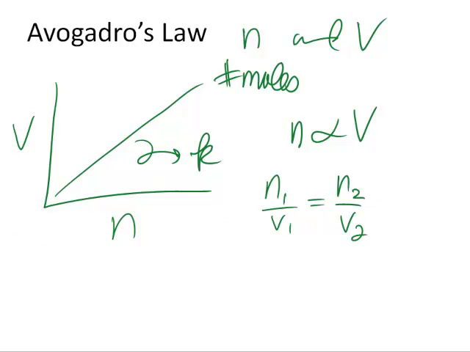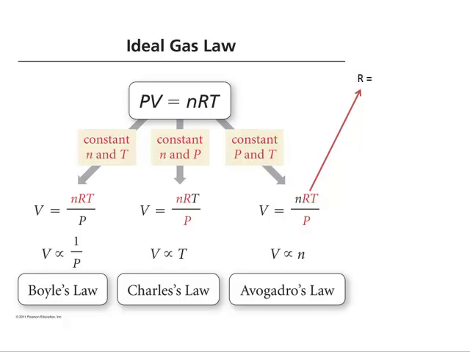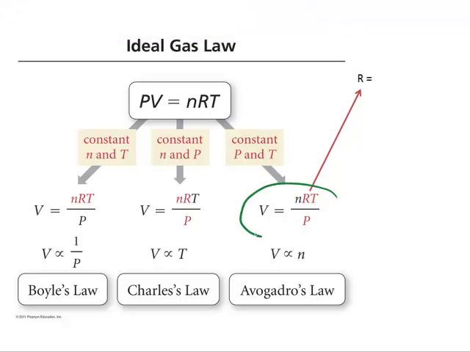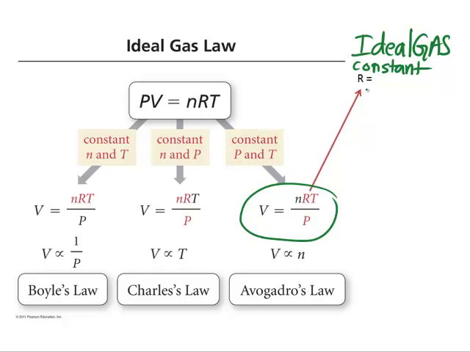It turns out that if you combine all of those proportionality constants from the three separate laws, Boyle's, Charles', and Avogadro's law, you can walk away with an overall constant that gives you an ideal gas constant instead of the individual proportionality constants, and that is what we call R. Depending on your units, you can have different units for R. Primarily, we're going to use units of liters, atmospheres, moles, and Kelvin.